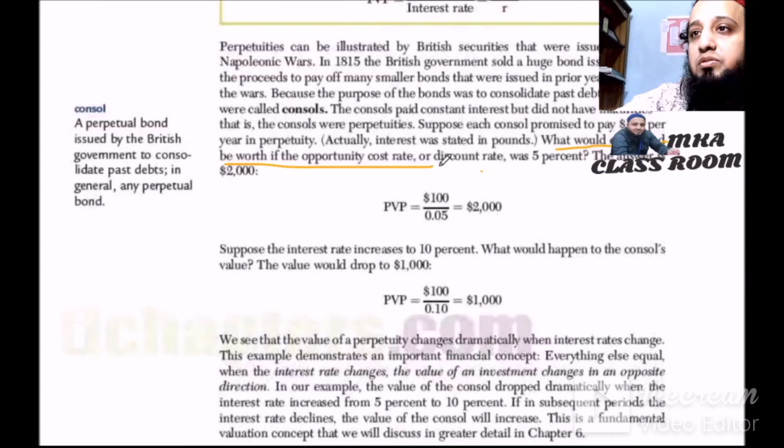So PVP equals the yearly payment, 100 taka per year, divided by the interest rate of 5%, that is 0.05. The answer is 2000 taka. The worth of this console bond is 2000 taka.